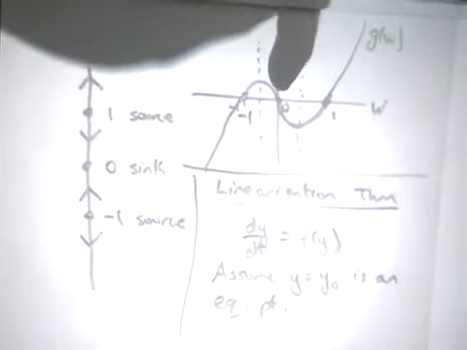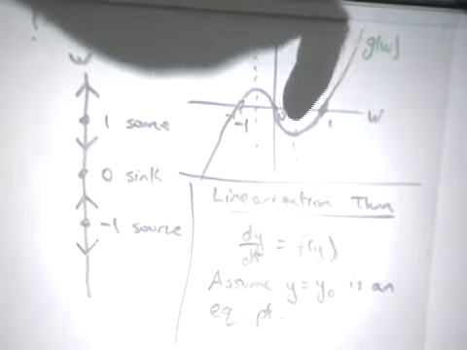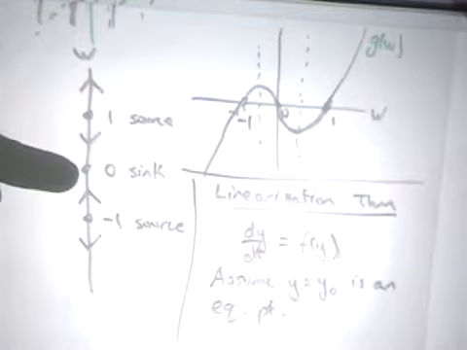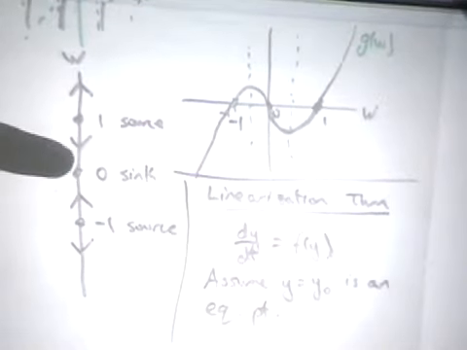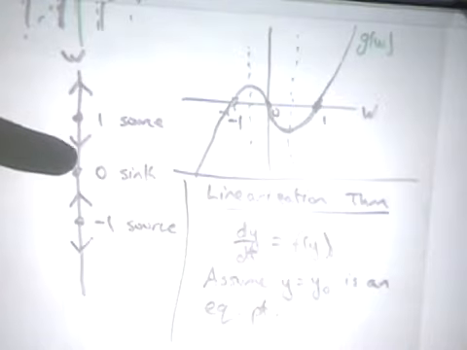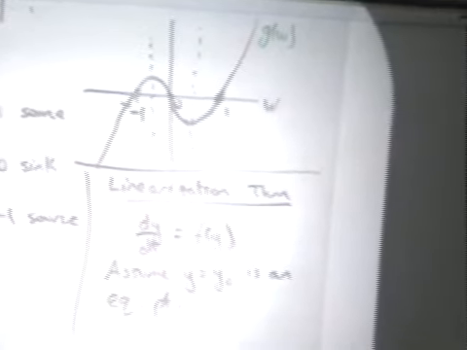On the other hand, if the derivative of the right-hand side is negative when we pass through an equilibrium point, slope here is negative, the graph of the right-hand side changes from positive to negative. 0 was a sink for that equation, and in fact, it will be in general for this theorem. If you've got a negative derivative at an equilibrium point, you'll get a sink at that equilibrium point. There is an extra hypothesis that we need to have to truly make this theorem right, to make it a definite theorem.